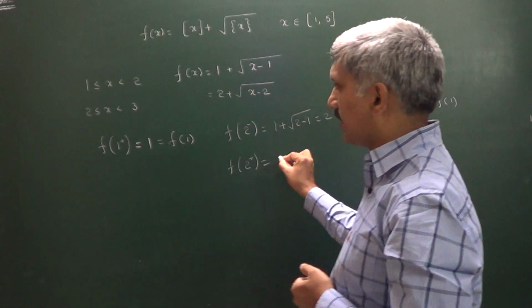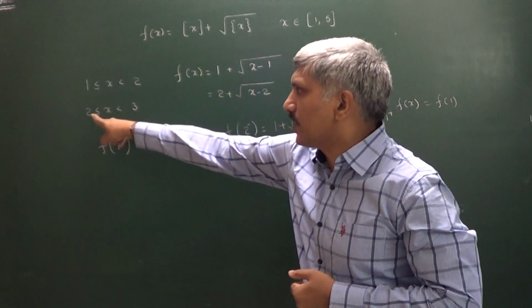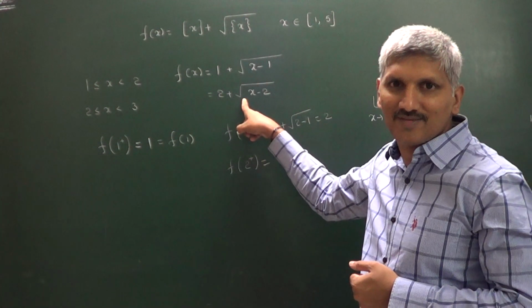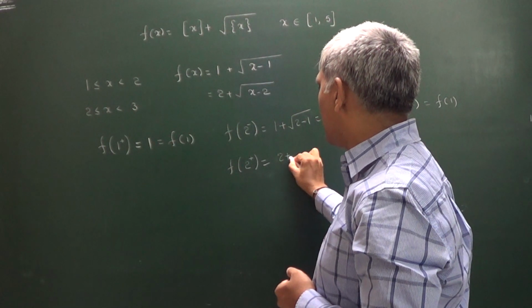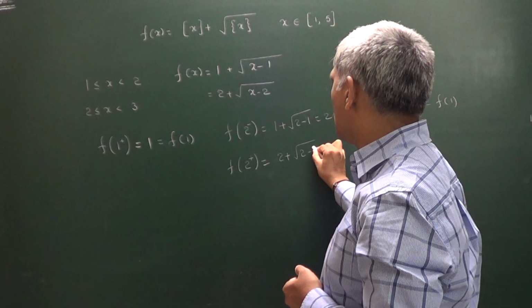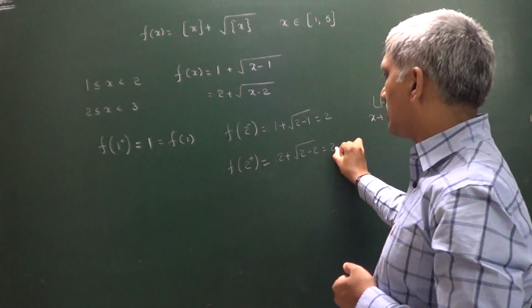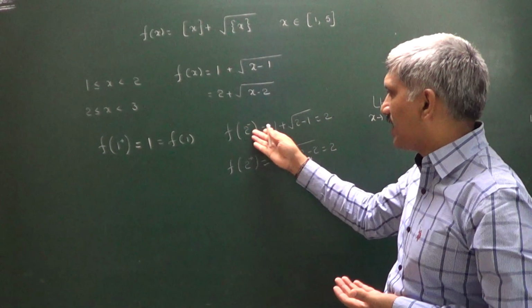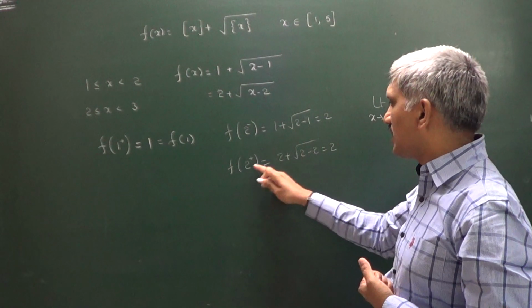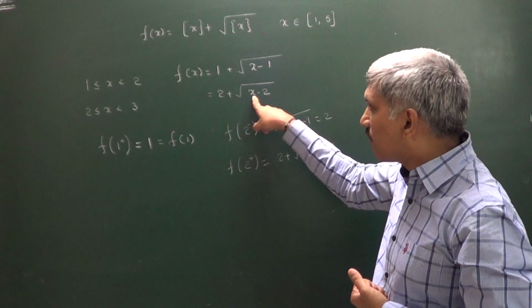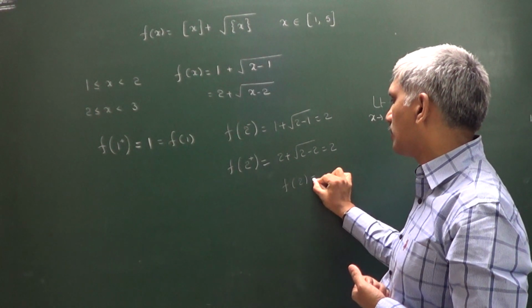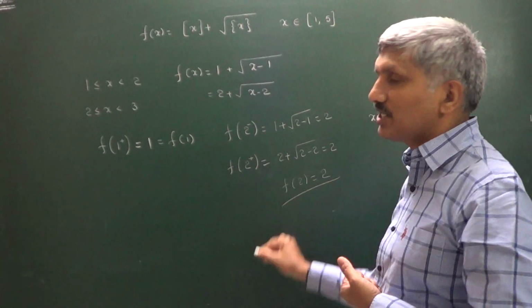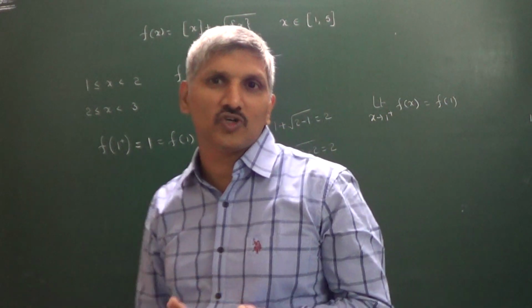F of 2 plus case, this is the function, right? So now what happens? This we can write as 2 plus 2 minus 2, that is equal to 2 only we are getting, right? Left hand limit is 2, right hand limit is also 2, f of 2 also 2 only. So therefore we can say the function is continuous at x equals 2.